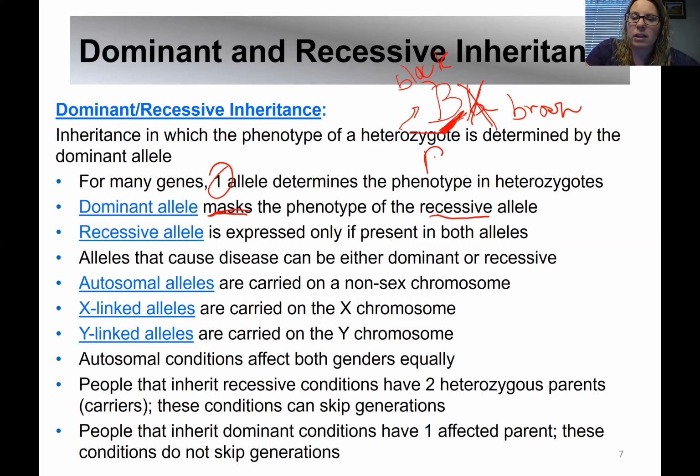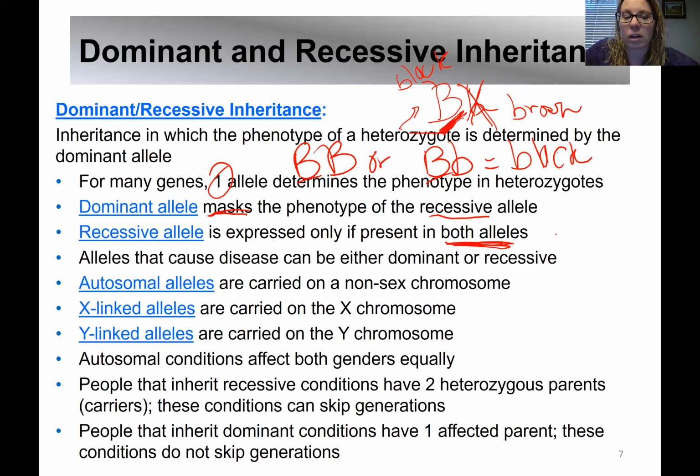So if you have this, that individual is going to be black, or this is going to be black as well, because of the dominant allele. Now with a recessive allele, you have to have both recessive alleles present to get the brown color. So a brown phenotype or a recessive phenotype can only look like this. You have to have two recessive alleles.